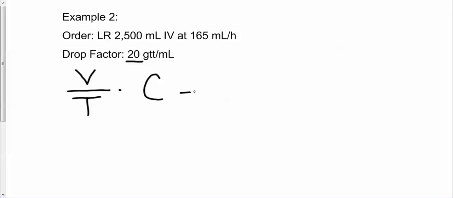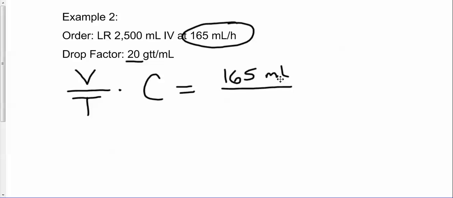or the drop factor. Now in this problem it's a little bit different because they do not give you the total time, but they do give you a ratio between volume and time. When it has 165 milliliters per hour, that's a ratio of volume over time. So that's what we use for that first fraction. Volume is 165 milliliters per hour.